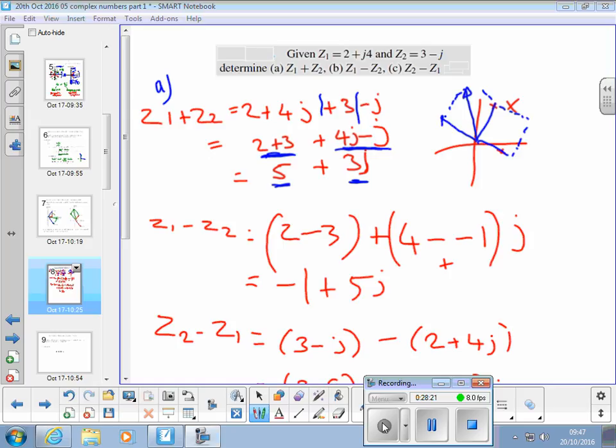Second one here, we've got 2 minus 3 for the two real parts, which becomes a minus 1, and we've got 4 minus minus 1 becoming 5 for the imaginary parts.